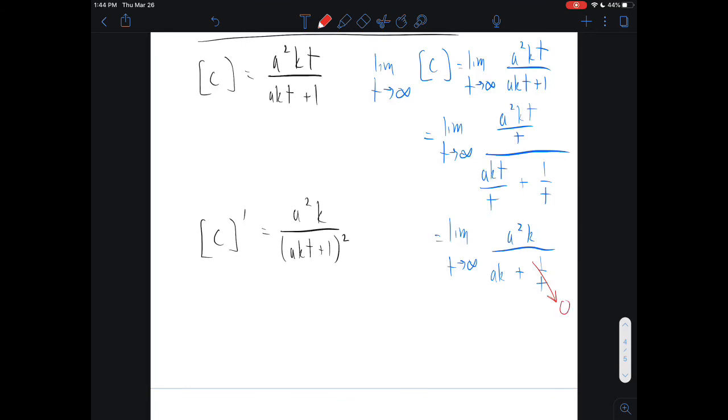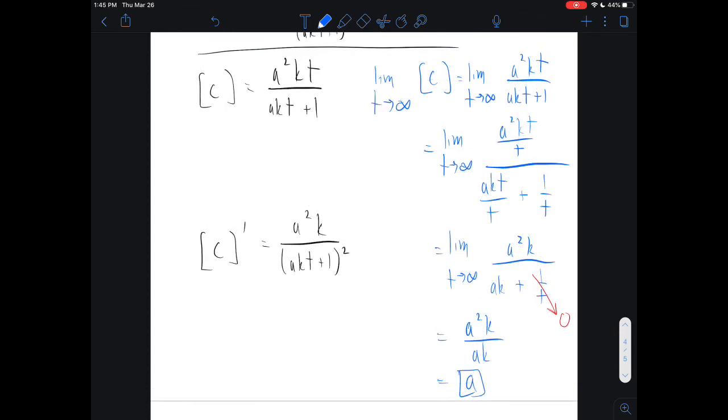As the denominator gets larger, 1 over that denominator becomes a very small fraction, meaning 0. So what we actually get for this limit is a squared k divided by ak. And if you cancel out the common factors, we get that the concentration approaches the concentration of the original reactants, A and B.